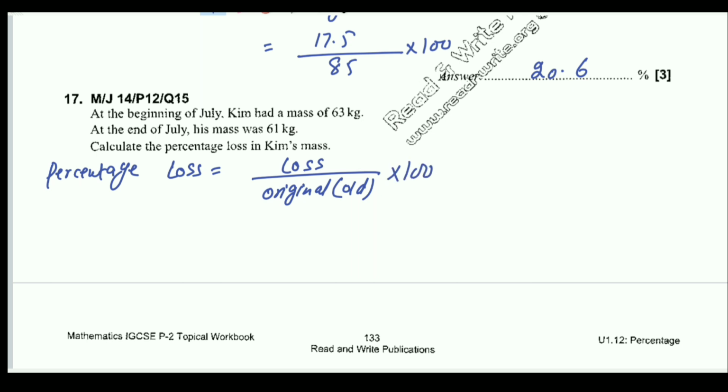You just have to memorize this one formula. We will use this formula for profit, loss, percentage discount, percentage tax, percentage saving. For all of these we just have to memorize this one formula. No need to memorize different formulas. So percentage loss is loss over original multiplied by 100.